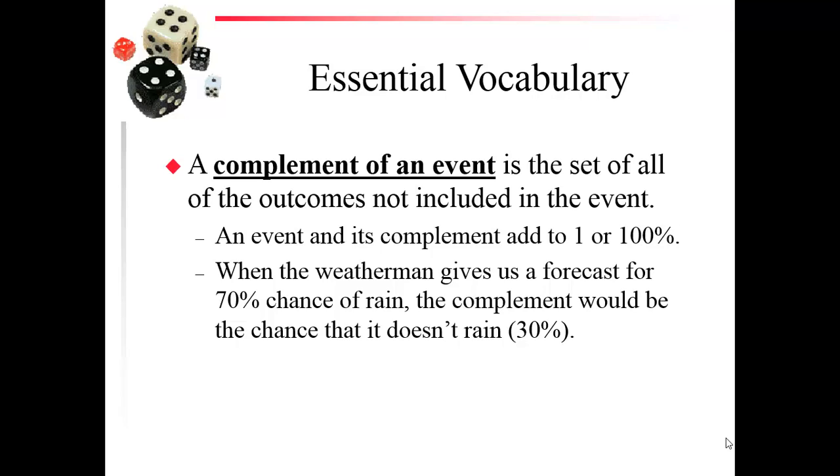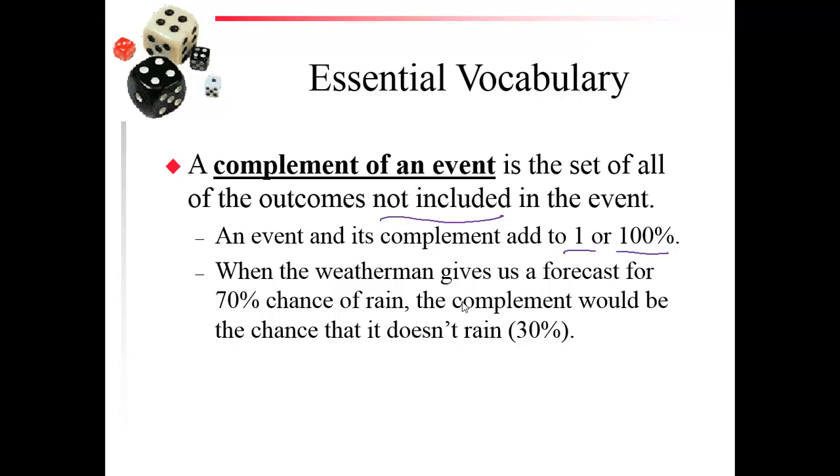A complement of an event is the set of all the outcomes that are not included in the event. An event and its complement must add to 1 if we're using a decimal or fraction, or 100% if we're using a percent.